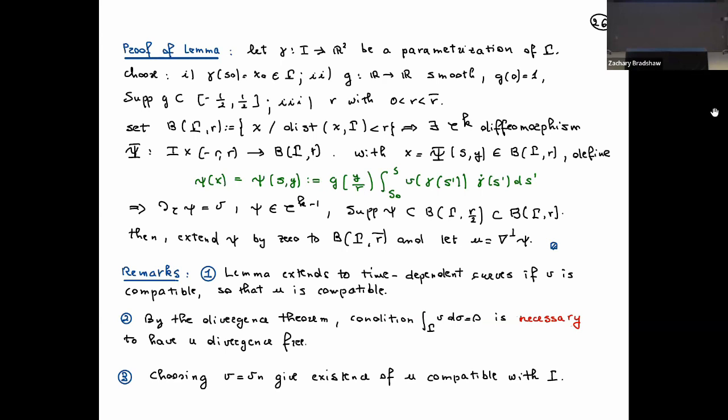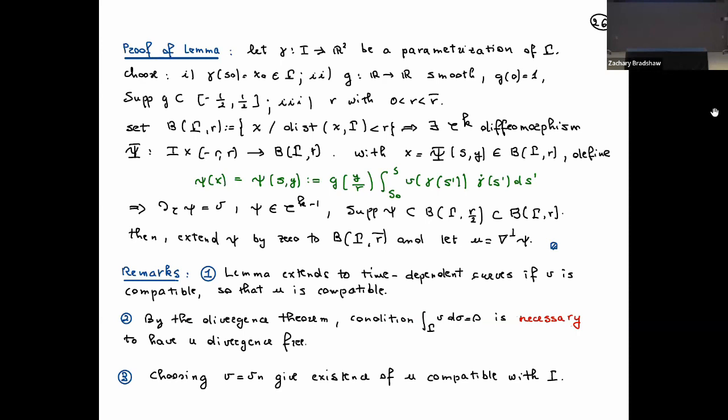And then I will call B gamma R all the points that are at distance R from gamma. If you denote by B gamma R this neighborhood, then there exists a C^k diffeomorphism, because we are in the class C^k of the set, that basically flattens out this neighborhood. In other words, it maps a strip onto this neighborhood. That's very classical. And here's how we'll define my stream function.